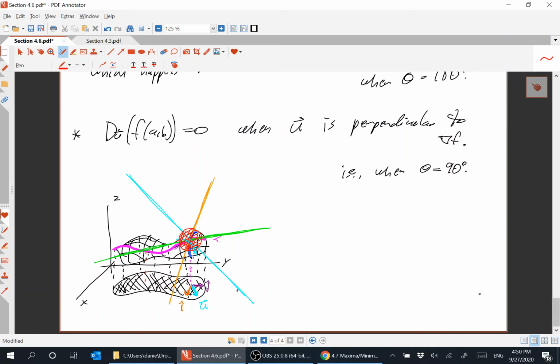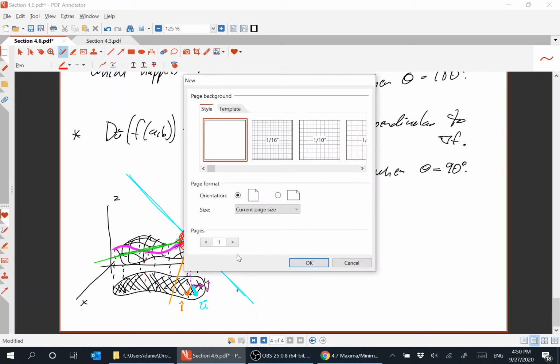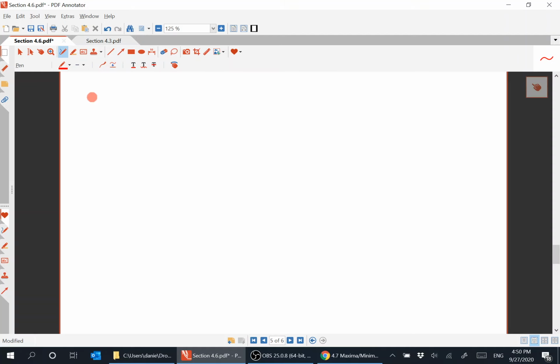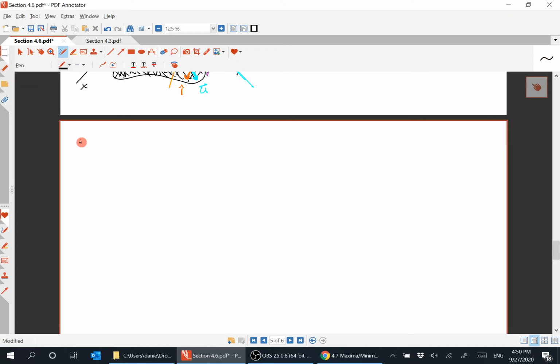So let's take an example. Let's take the saddle surface, z equal to x squared minus y squared.